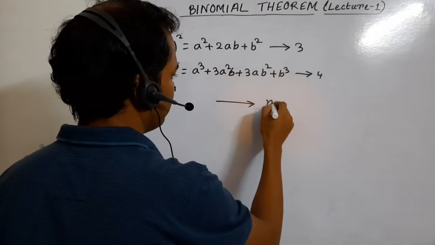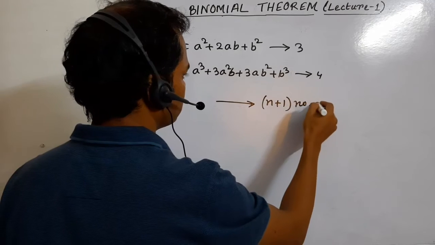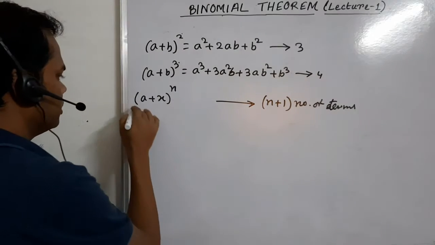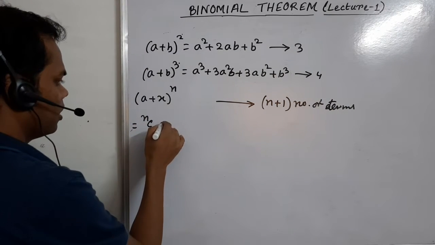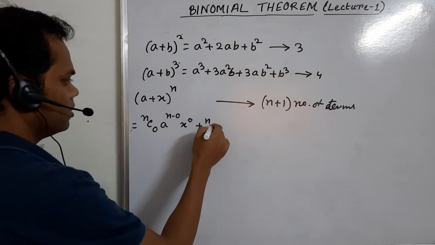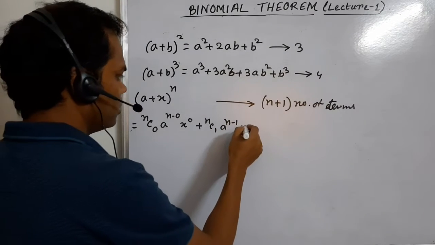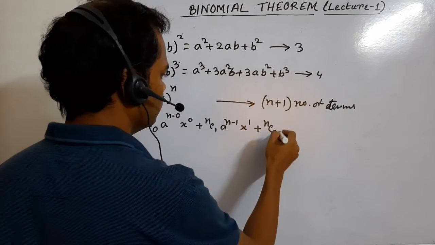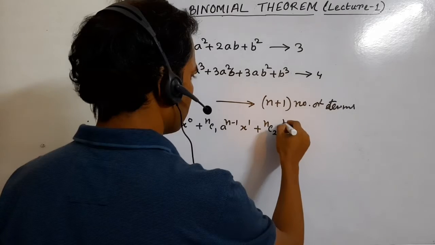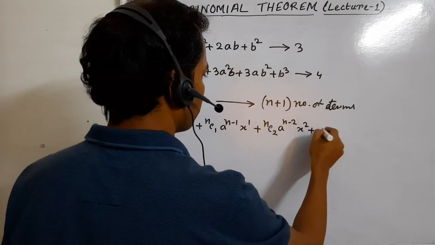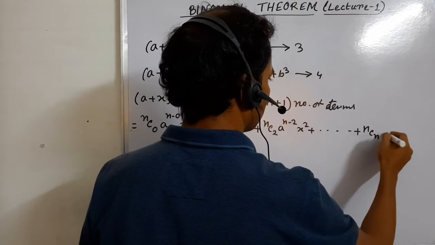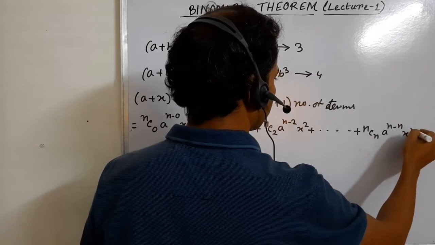That means there exist n+1 terms, and this equals nC0 a^(n-0) x^0 + nC1 a^(n-1) x^1 + nC2 a^(n-2) x² + ... + nCn a^(n-n) x^n.